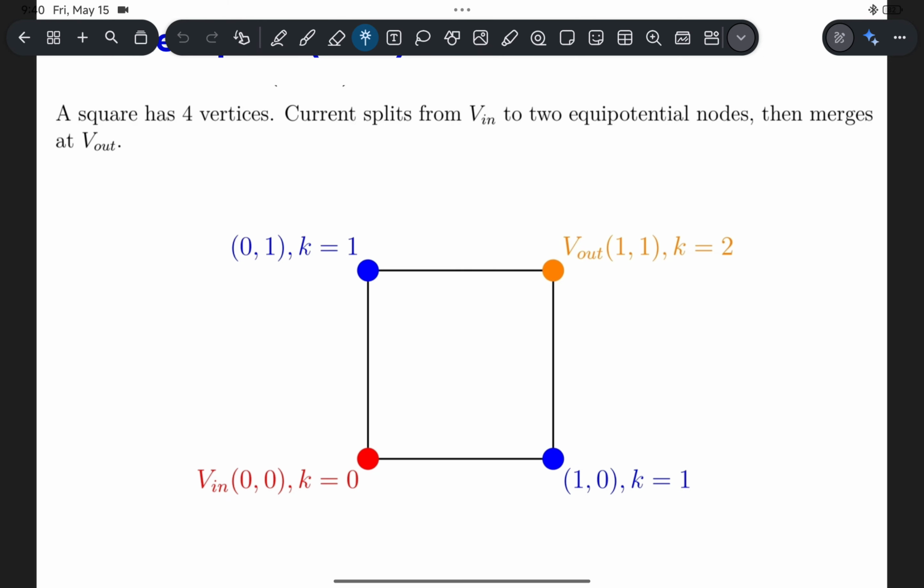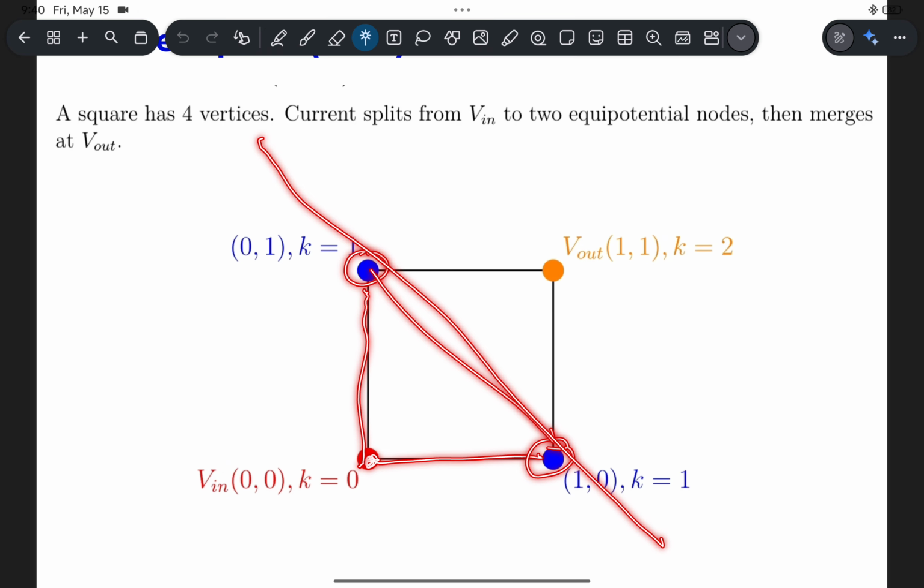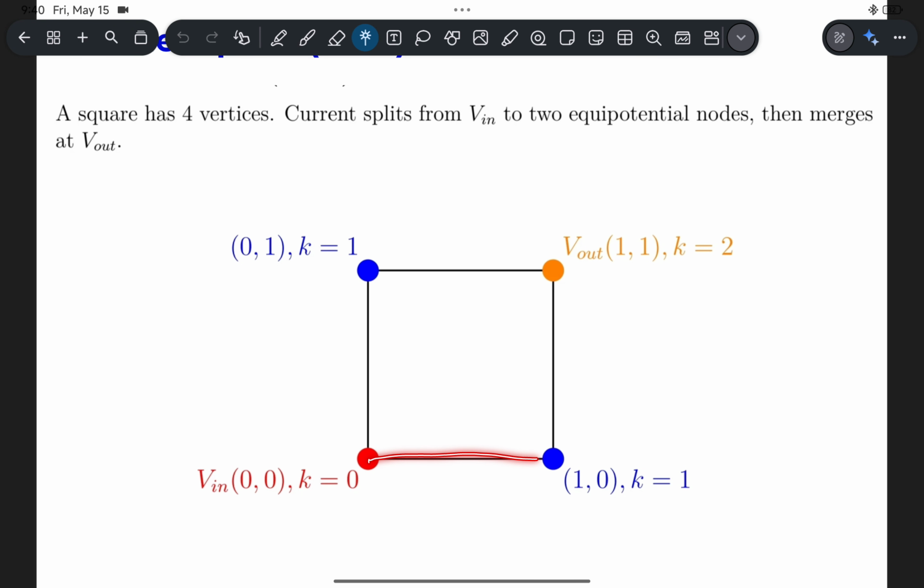If you observe, from the starting vertex, if you take one step in this direction you'll reach this point, and if you take one step in this other direction you'll reach this point. These two will have exactly the same potential because of the symmetry. If you are at equal distance from the starting point, potentials will be the same. So the potential drop from here to here and from here to here will be exactly the same. So these two are equipotential points.